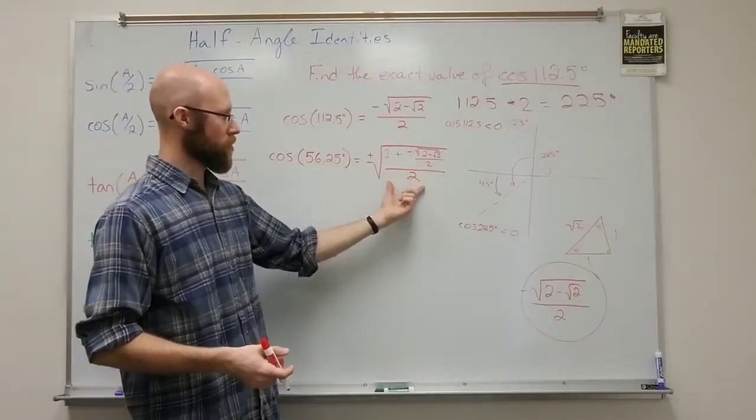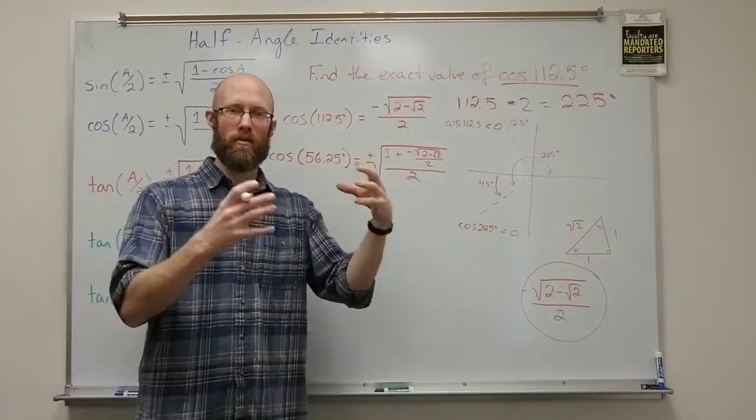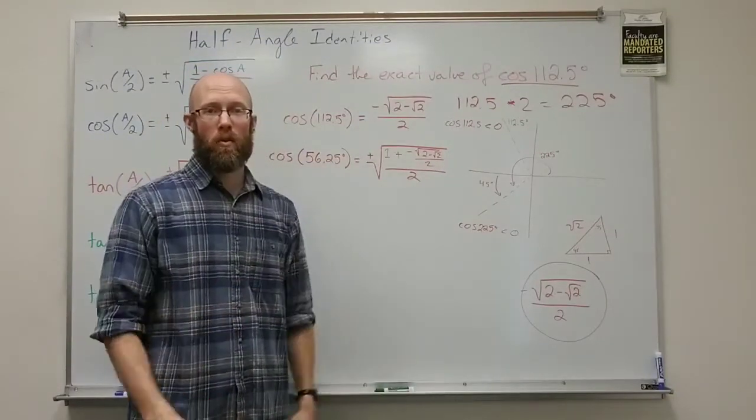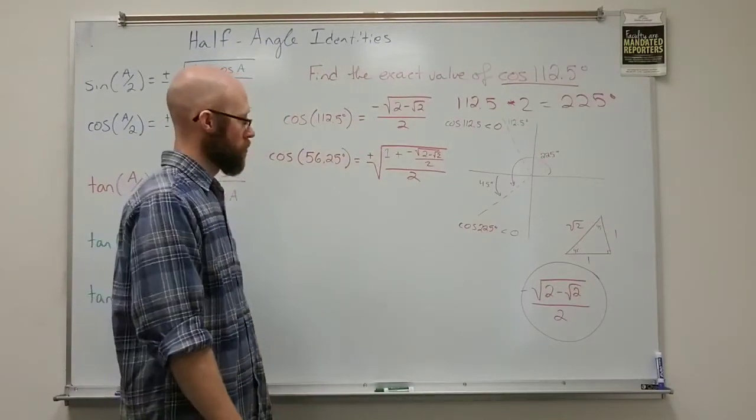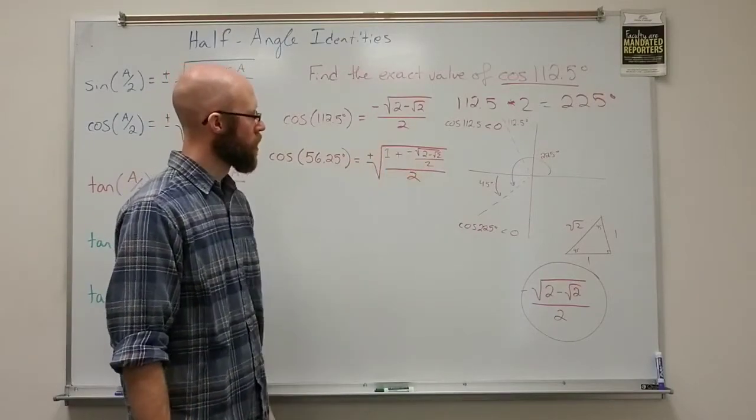Now, this is going to get weird because you're going to have roots inside of roots inside of roots, but it still works, okay? It's a nice exact value. And you could simplify this further.